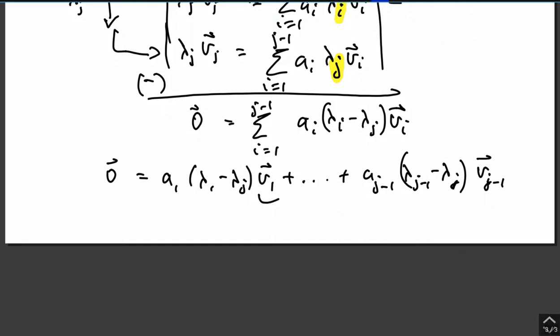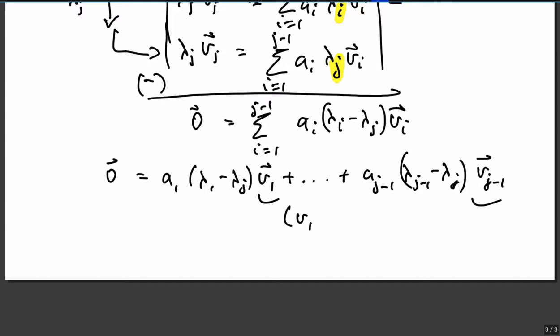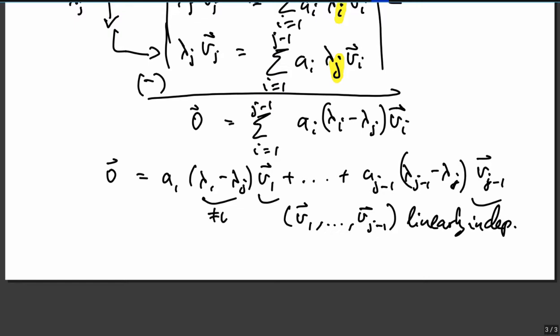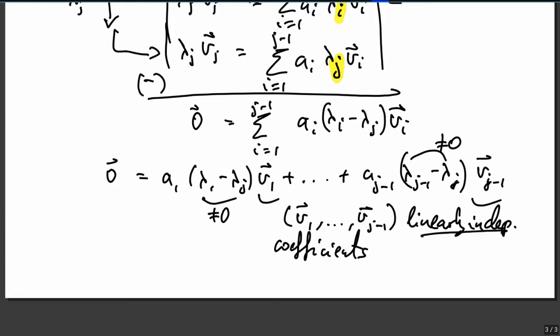But then since we have the linear combination, and the v1, ..., v j minus 1 list is linearly independent, all the coefficients must be 0. So this is not 0, this is not 0, but the coefficients should be 0, since for a linearly independent list, only the trivial linear combination can give the 0 vector.